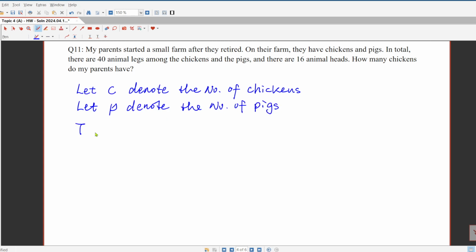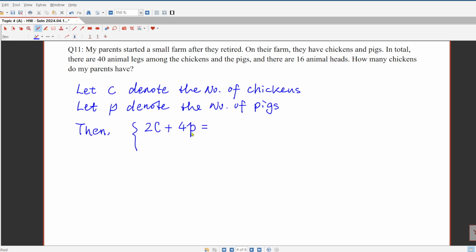And according to the given information, we have first, each chicken has 2 legs, so we have 2C plus 4 legs per pig, so 4P, right?